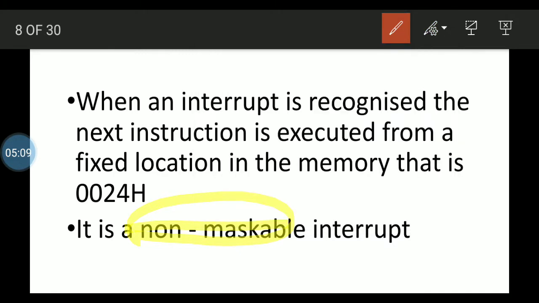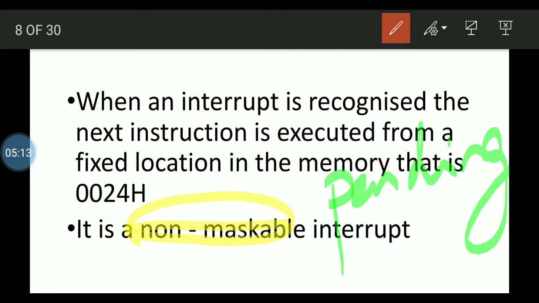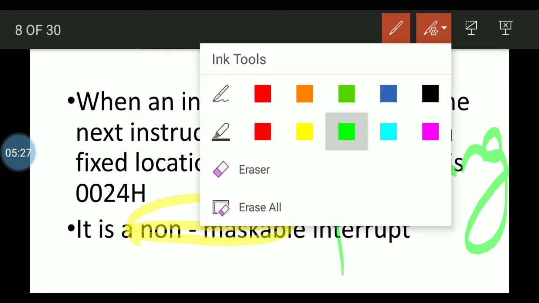We cannot keep our instructions pending. It should be completed. Like how you keep your homework pending, but here in non-maskable, it cannot be kept pending.